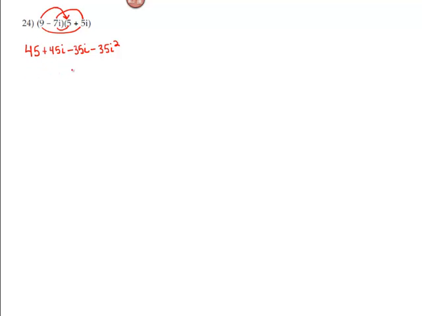That's going to be 10i, 45 minus 35. So we have 45 plus 10i minus 35. Where i squared is, we put in negative 1. So negative 35 times negative 1 gives us positive 35. So we add together 45 and 35 to get 80 plus 10i.